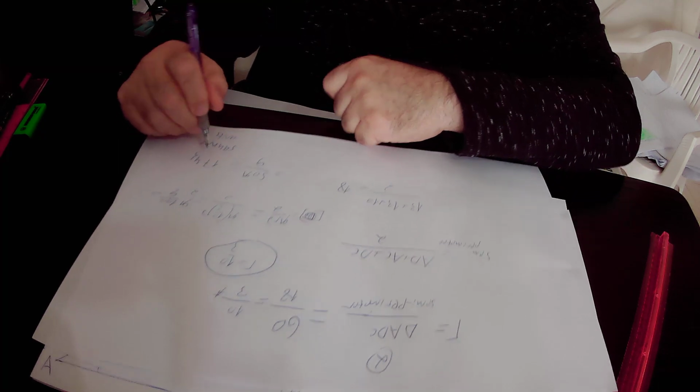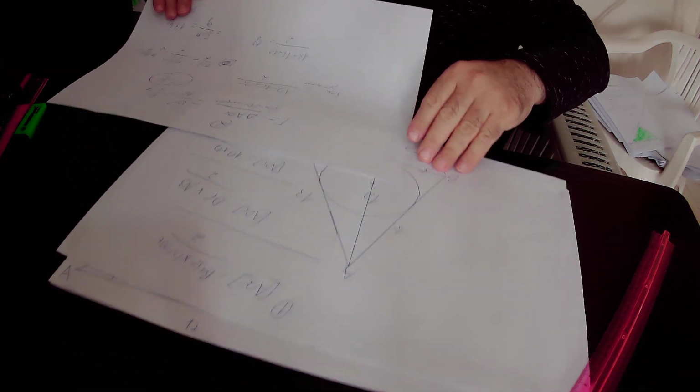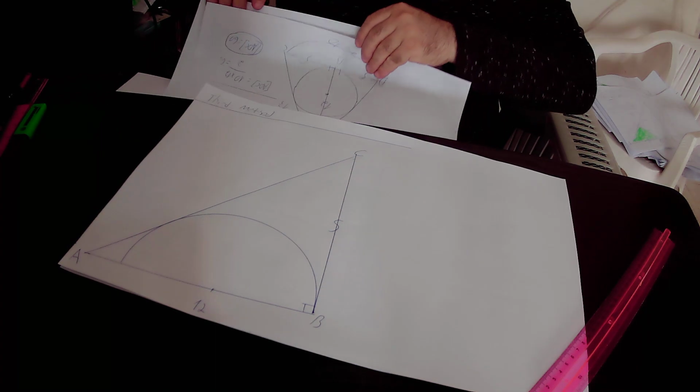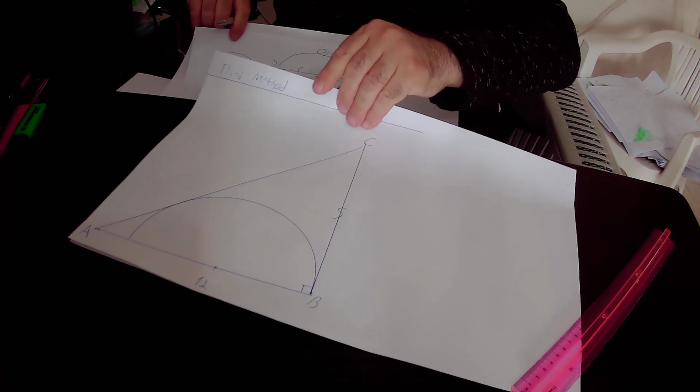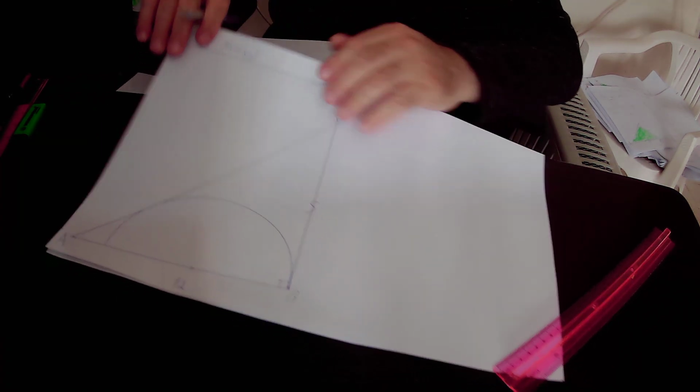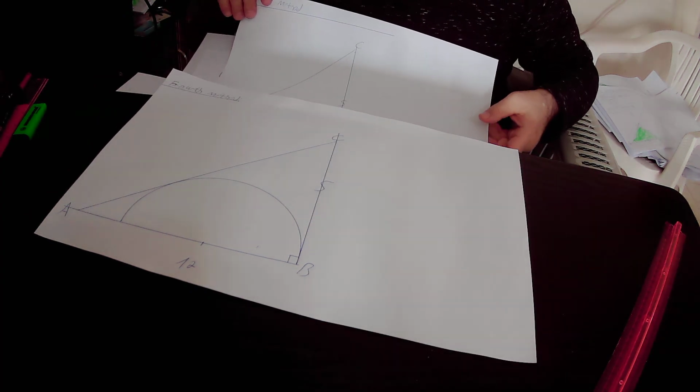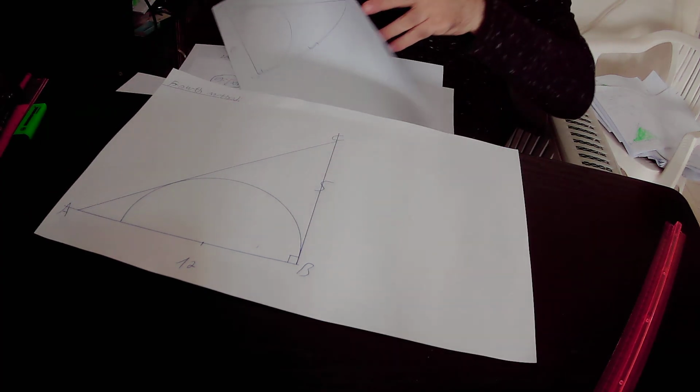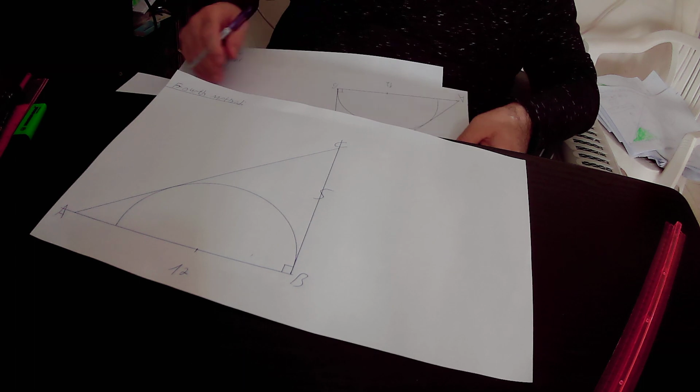In the next step I will present to you how to find the area of this semicircle according to the fourth method.